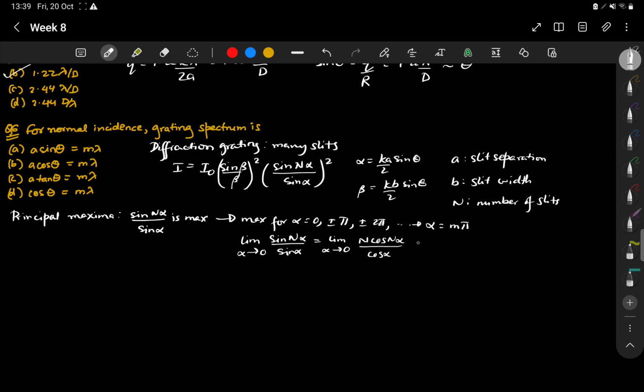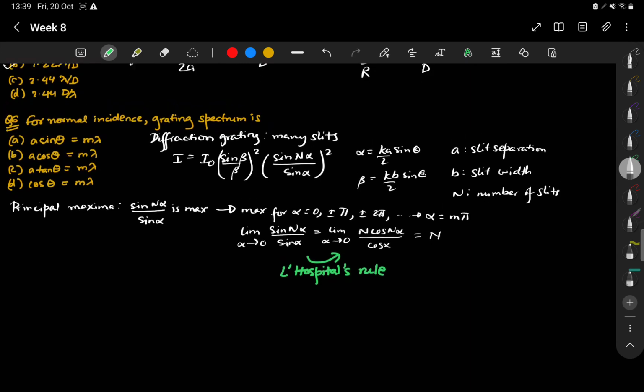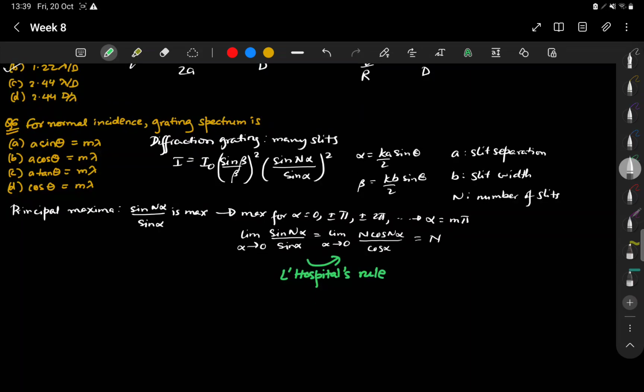Now if we plug in alpha equals 0, we get n. And this step was made by using L'Hopital's rule, which says that if you have a 0 by 0 form or infinity by infinity form and you want to find the limit, then you differentiate the numerator and the denominator separately with respect to the variable in consideration, and then plug in the value to get the limit.